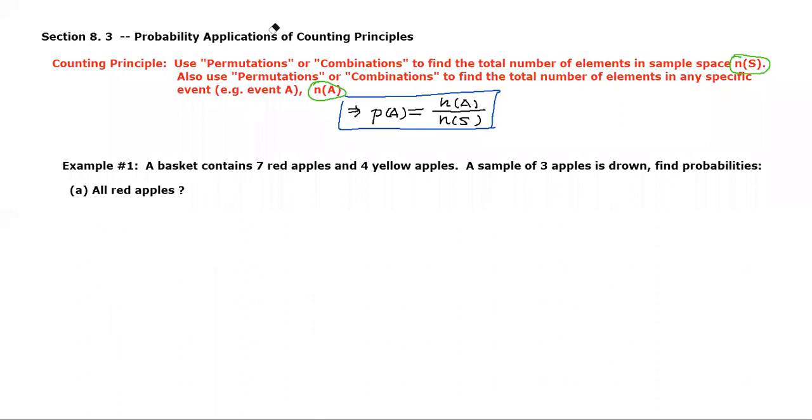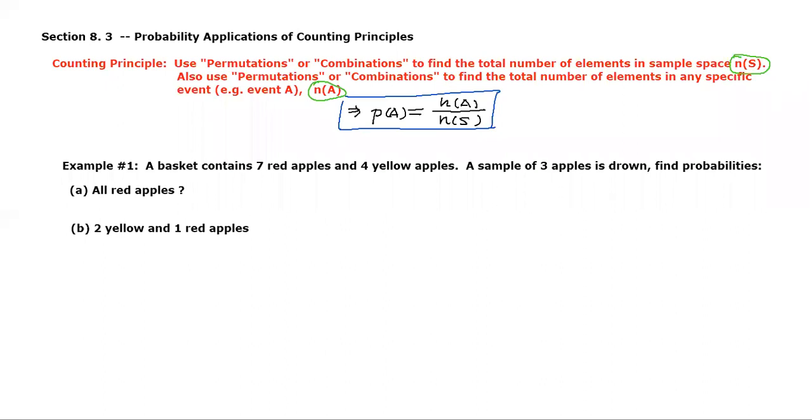All right, so what is the probability that I will get 2 yellow and 1 red apple? Let's take a look at how we do these.